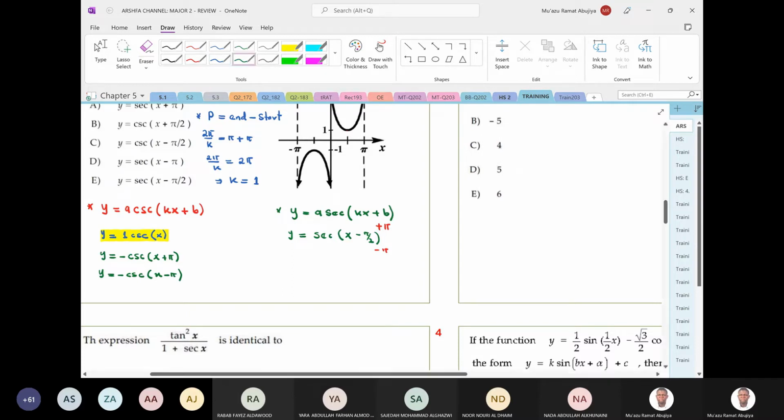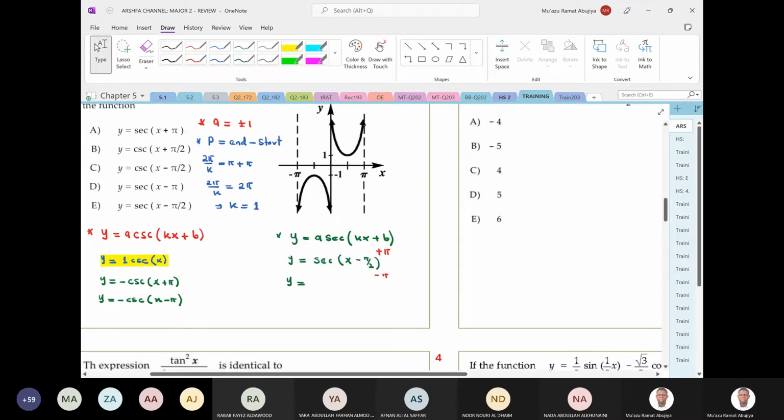So if, for example, we add pi, we can say y is going to be equal to, please look up here. I want us to understand something here. Please look up. Here, we started the graph from here, right? To get this first one. Now, when we want to add pi, that means we are going to start the graph from the negative side. I'm starting the graph from here.